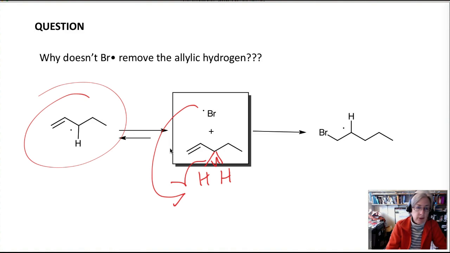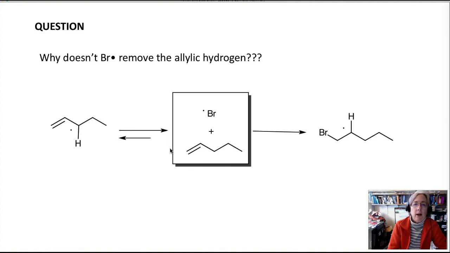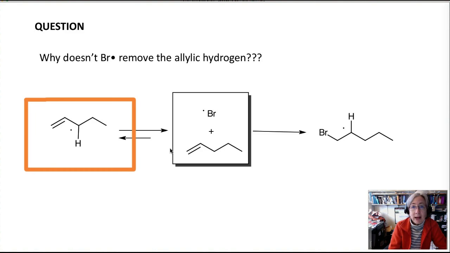Well, that makes good sense, and you should be perfectly comfortable thinking that that could happen, because it can. But here's the deal. If the Br radical removes an allylic hydrogen, what you end up getting is that allylic radical that doesn't have anything to react with. The whole key to success in the NBS reaction, where NBS gives you the allylic halogenation product, is that the allylic radical has a small, steady state concentration of Br2 to react with to make the allylic bromide.